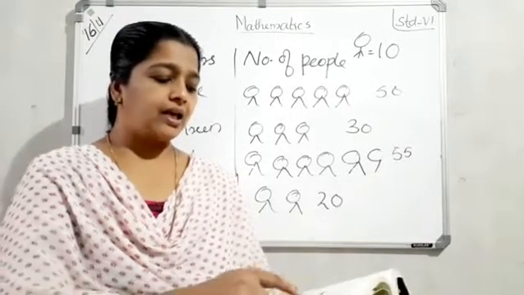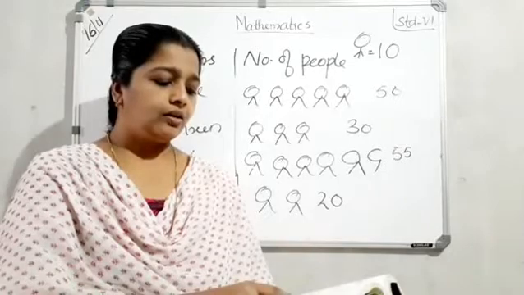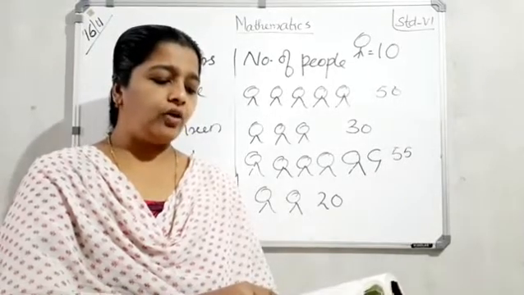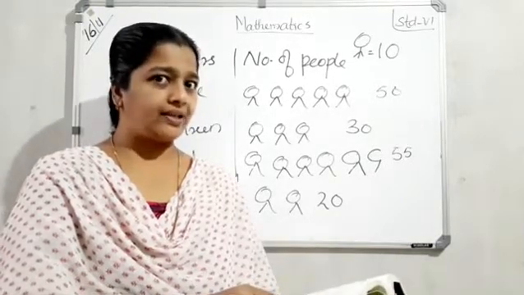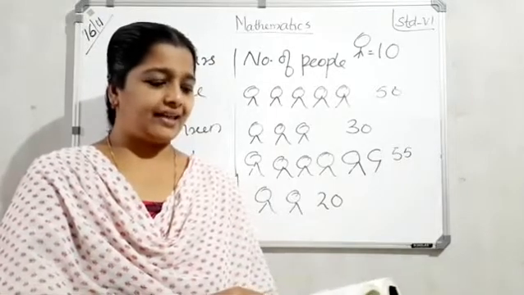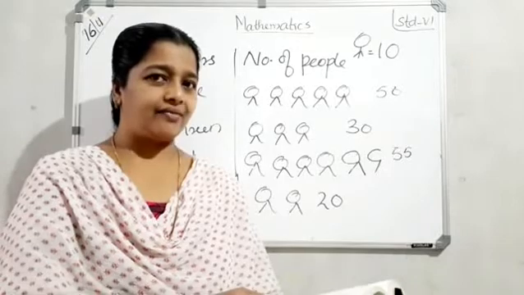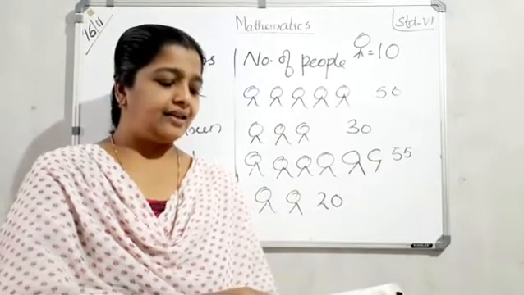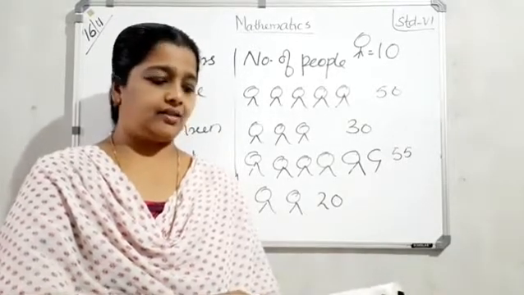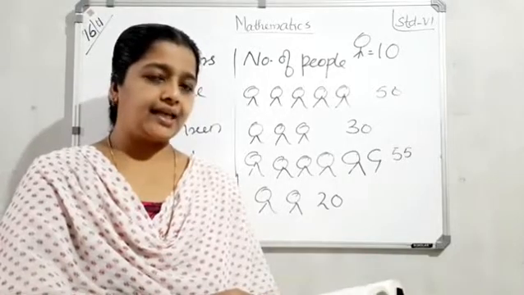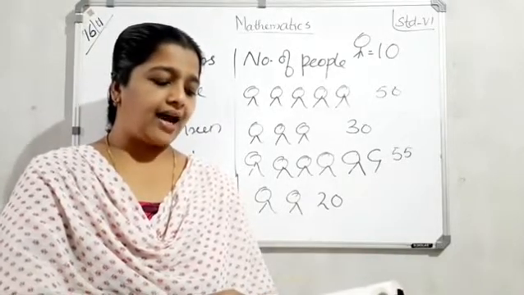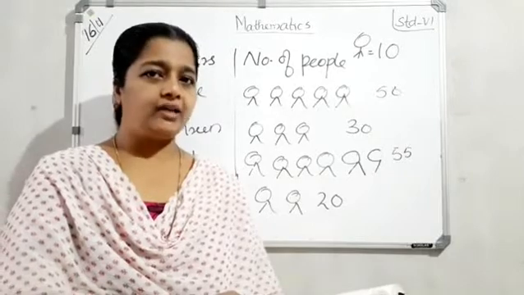Yes. Next Tuesday, 7 full and 1 half. So 750. Yes. Next Wednesday also 6 full and 1 half. Understand? Yes. Thursday, full 8. Then Friday 6 full and Saturday 5 full and 1 half.